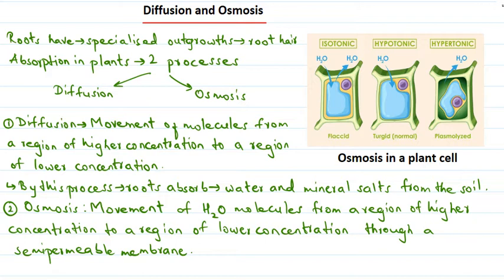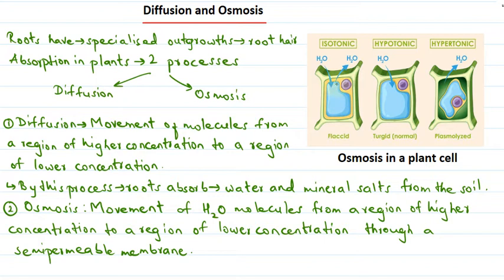Now we can see osmosis in a plant cell, that is when the cells are in isotonic condition, hypotonic condition and hypertonic condition. So what is isotonic condition? It is a condition where there is equal solute concentration outside as well as inside the cell.